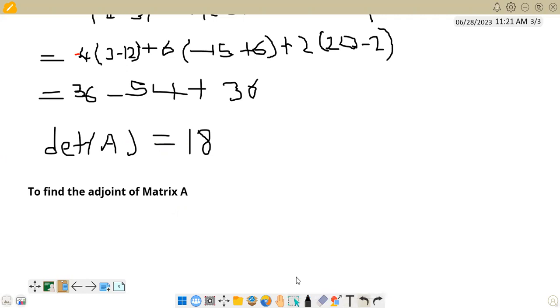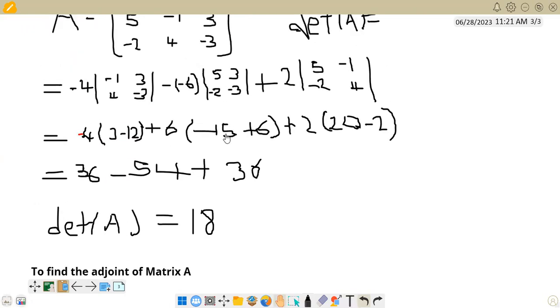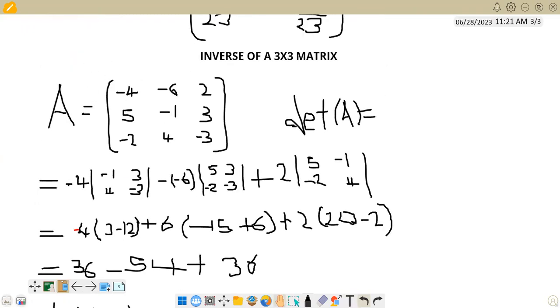So to find the adjoint, titenge matrix ija kuti tionere pafupi.